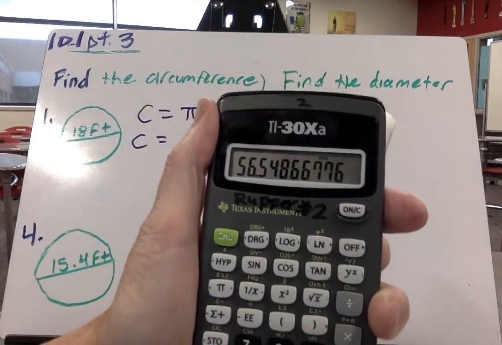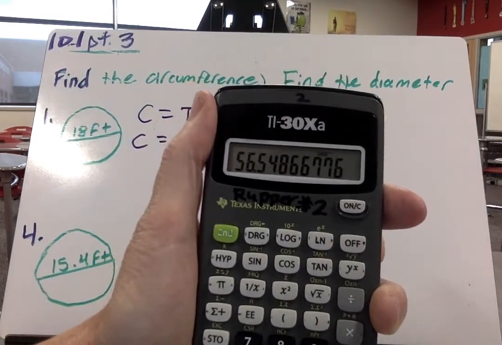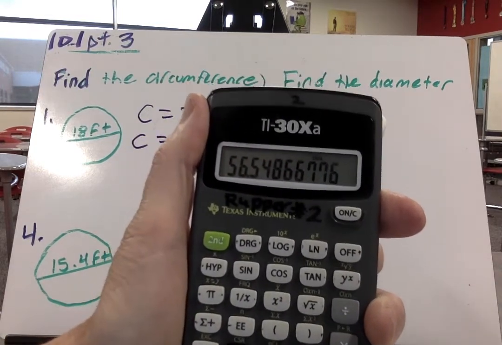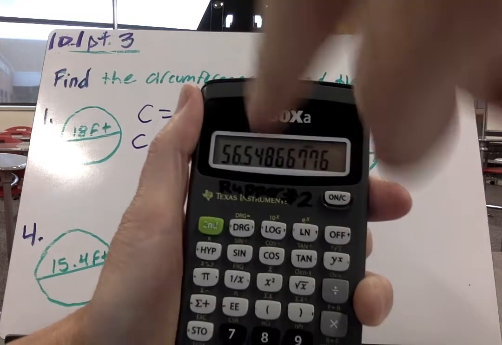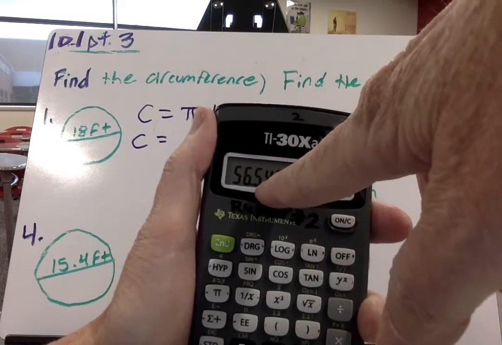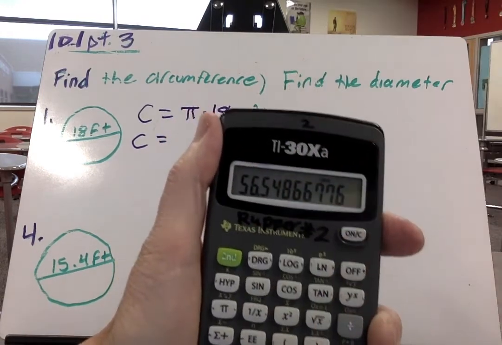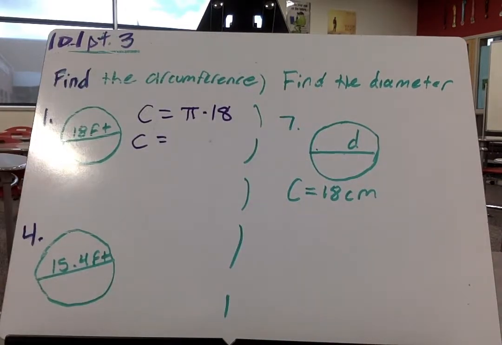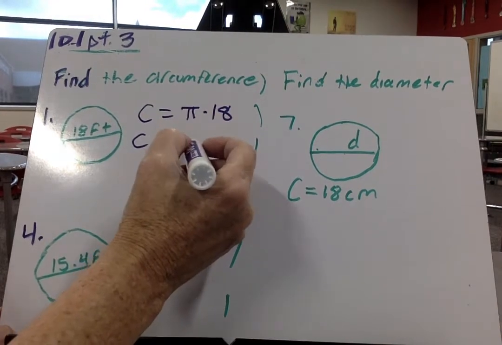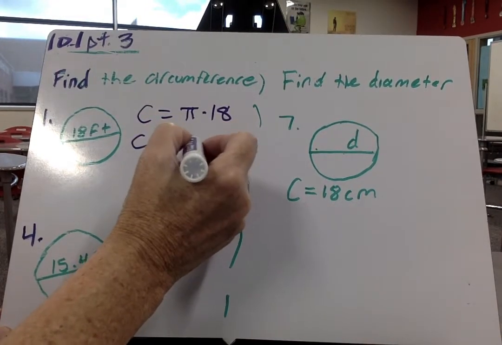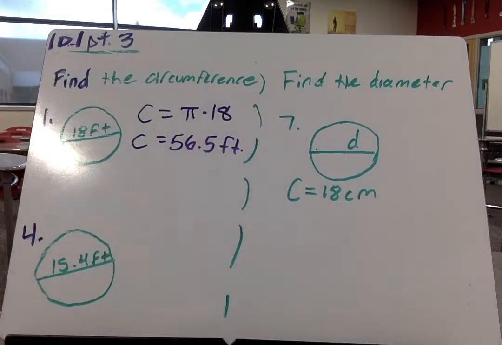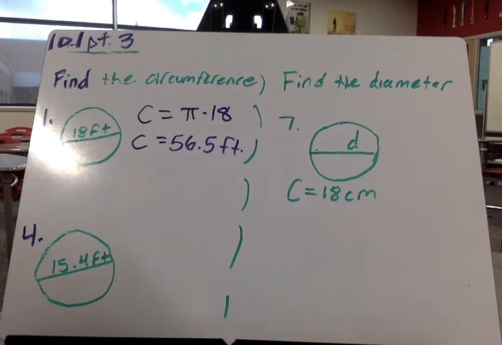I'm going to round that to the nearest tenth, 56.5. If I look at the 4, it's not 5 or above, so I just put 56.5 feet. I make sure I include my units here. Circumference equals 56.5 feet.